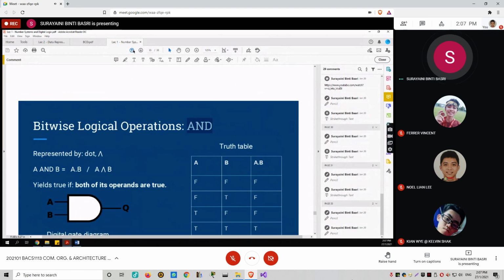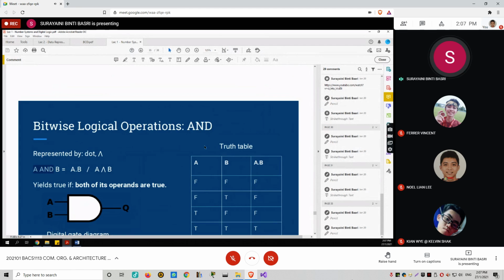So the first bitwise logical operation is AND. It is represented by two signs, which is the dot or the inverted V. I don't know the name.